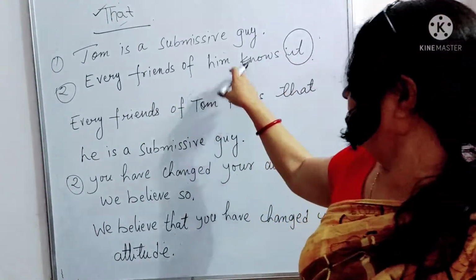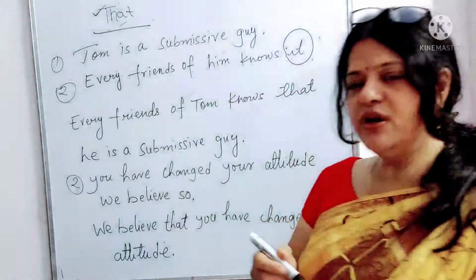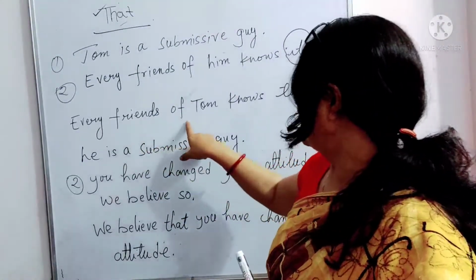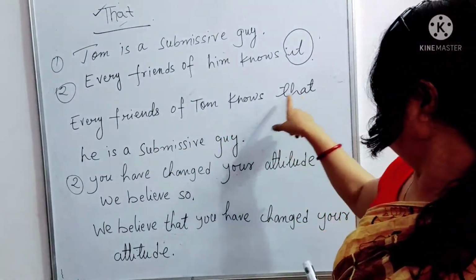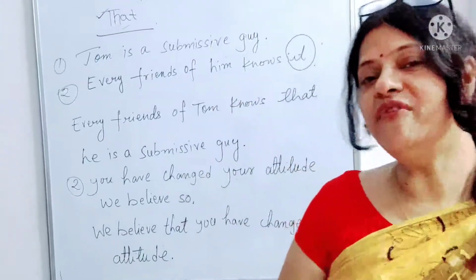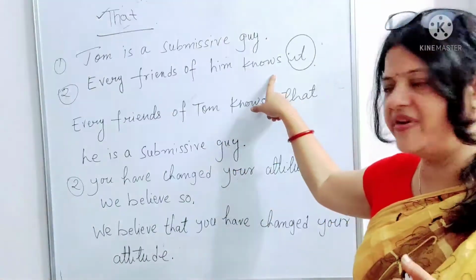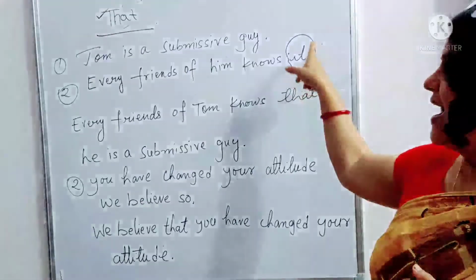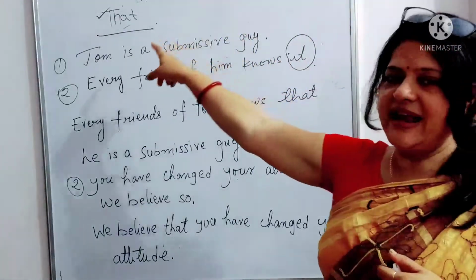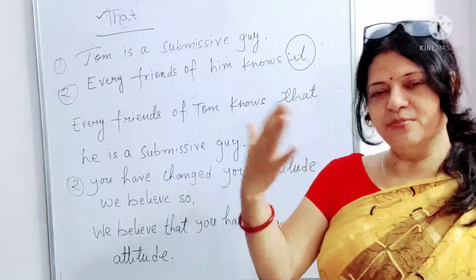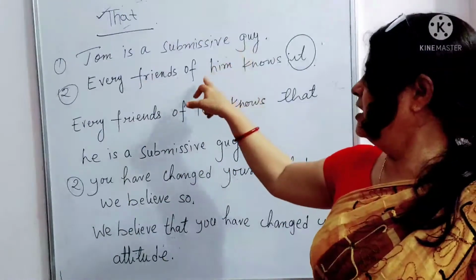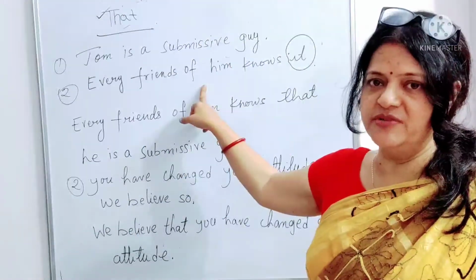So our principal clause would be: every friend of Tom knows. Till here we will write, we will not write it, and then we will add the conjunction that to make a subordinate clause, which will depend on this principal clause for its meaning.